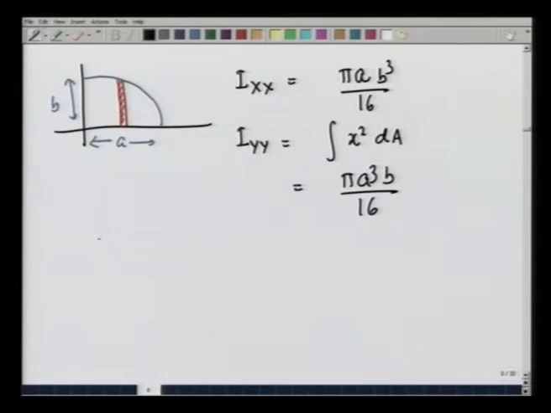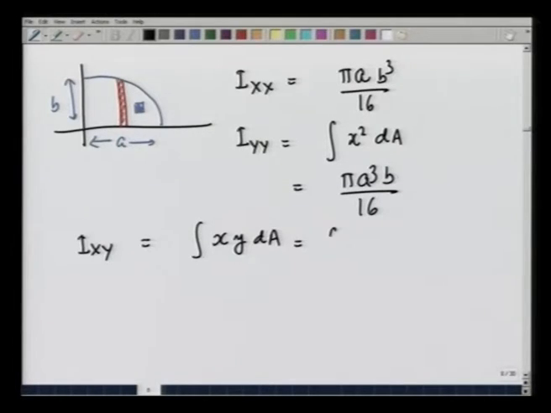How about Ixy? To calculate Ixy, I have to calculate the integral xy dA, where dA I take to be a small area at point x and y.